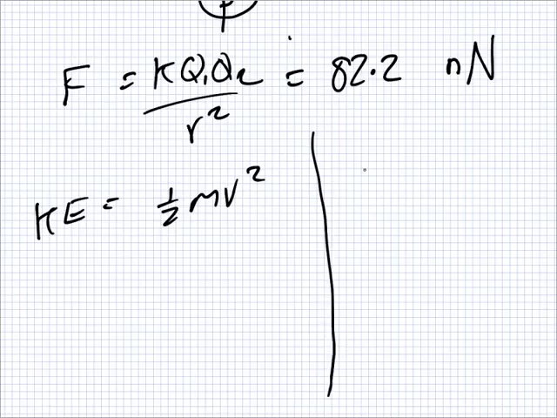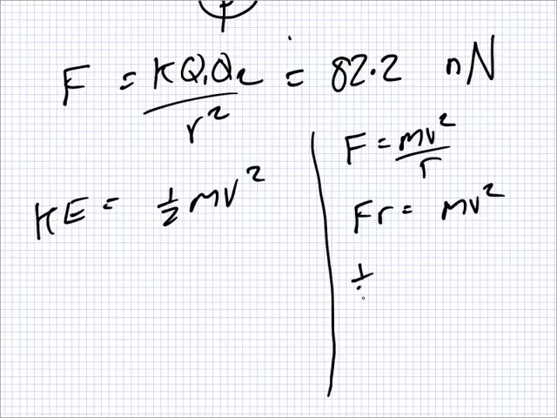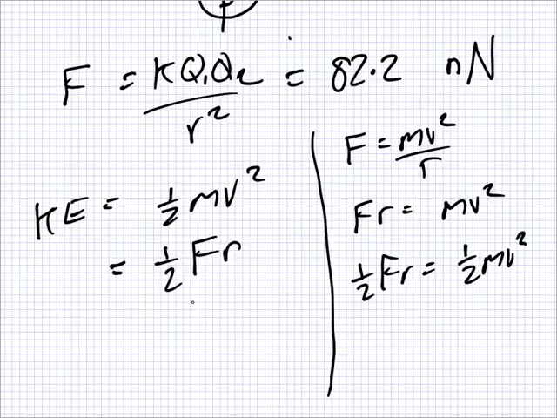Now, you have a formula F equals mv squared over r. So what does Fr equal? mv squared. So what does half Fr equal? Half mv squared. So you can replace this formula with a half Fr, because you know the F and the r.